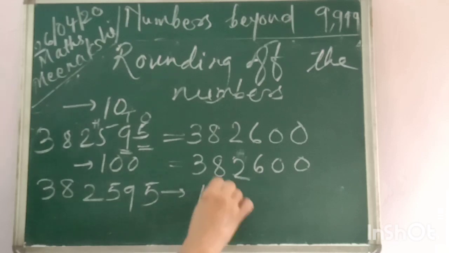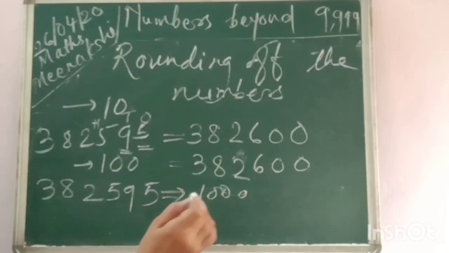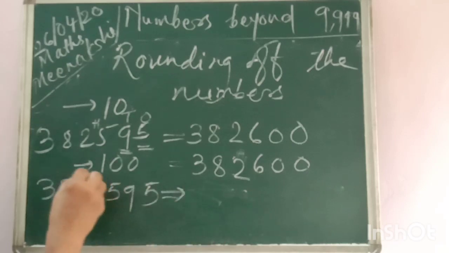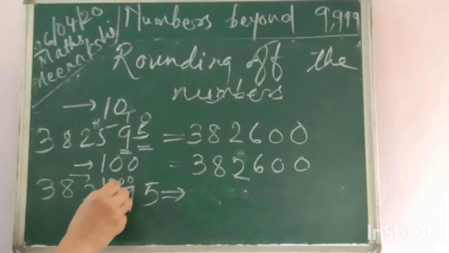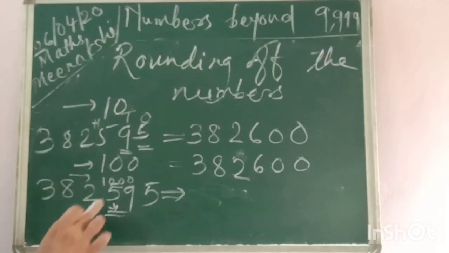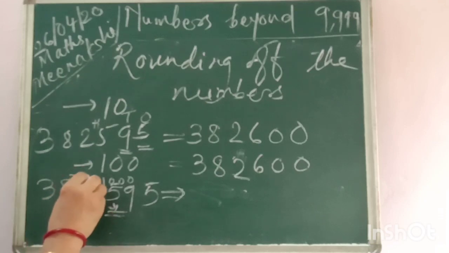Again, suppose you want to round this number off to the nearest 1000. So what will you do? Here I'll write nearest 1000. Which digit will you check? You will check the digit at the 100 place. Now here the 100 place digit is 5, and at the 1000 place you have 2.